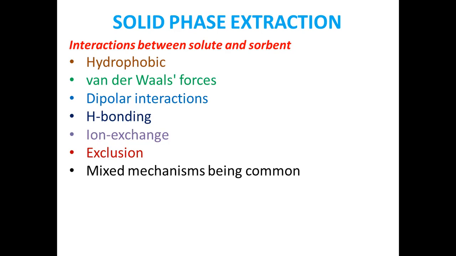When you introduce the sample through the solid phase bed, all the bigger solutes will be excluded because they don't permeate. They are not trapped in the pore maze of the sorbent. So the bigger solutes go along with the sample solution.